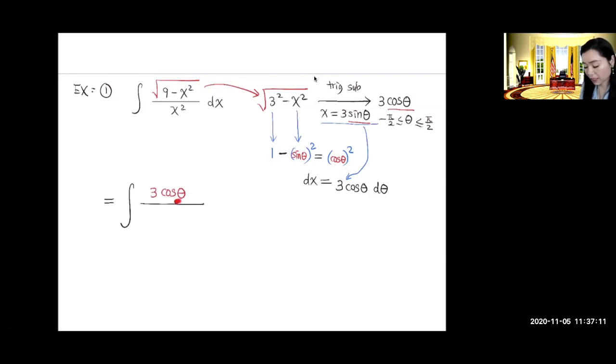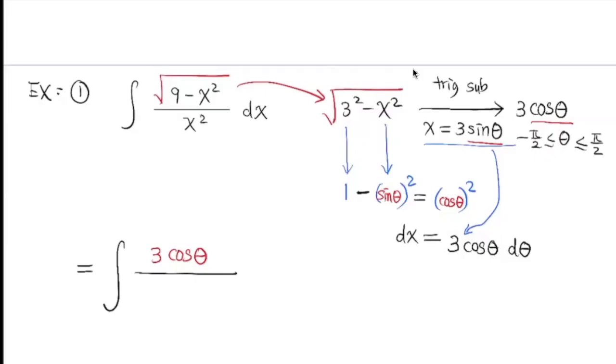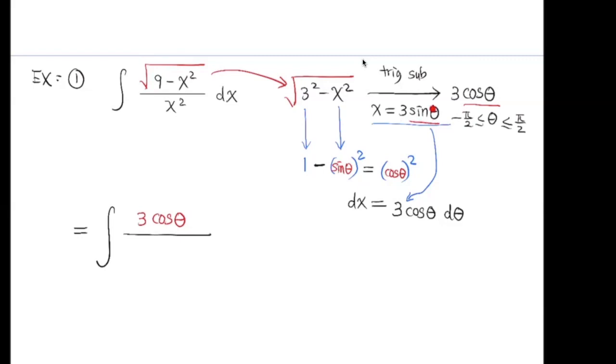What does it become? Well, x is equal to 3 sine theta, so you just substitute 3 sine theta into x, and then you square this.